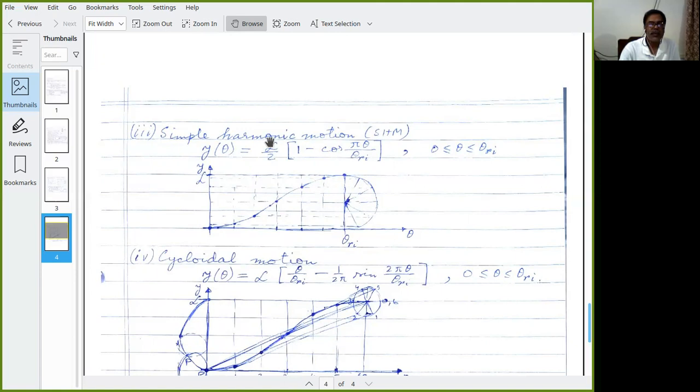And then in whatever number of equal segments you divided this interval from 0 to theta rise, in that many segments you divide this semicircle. Here 1, 2, 3, 4, 5, 6. So 30 degrees, 60 degrees, 90 degrees, 120, 150, 180.